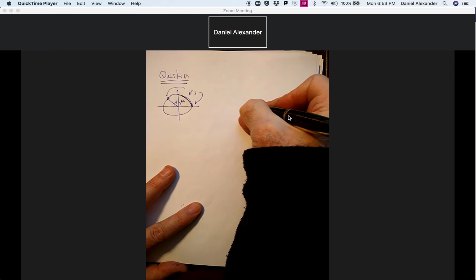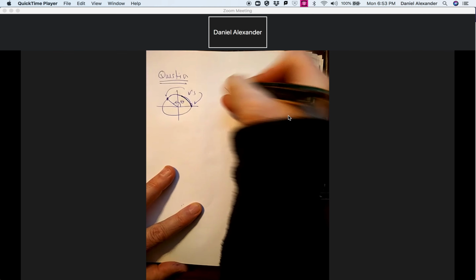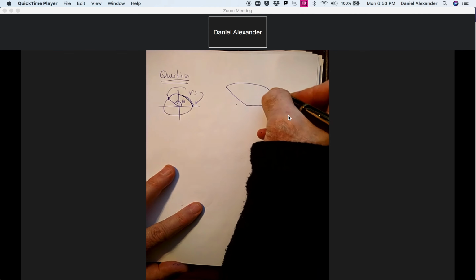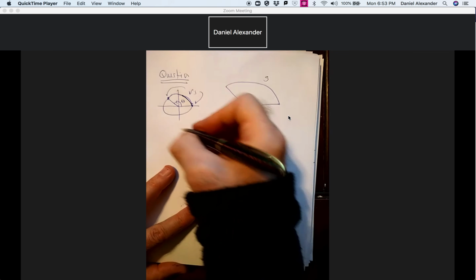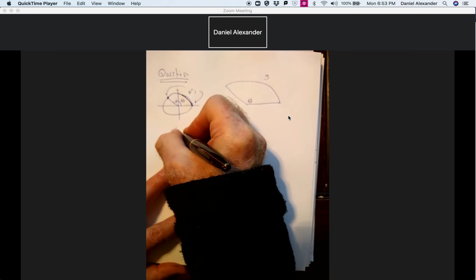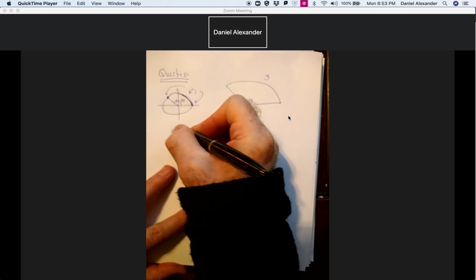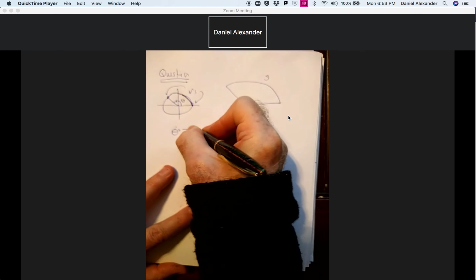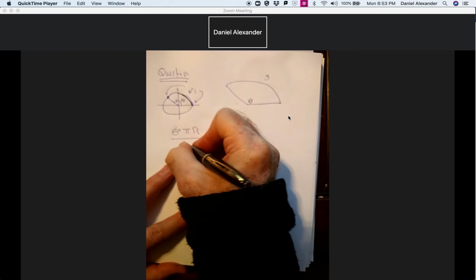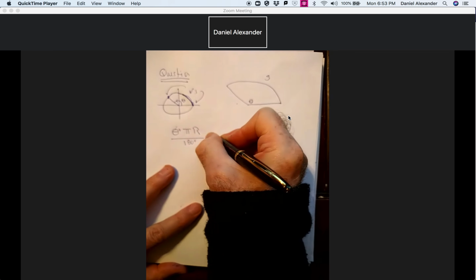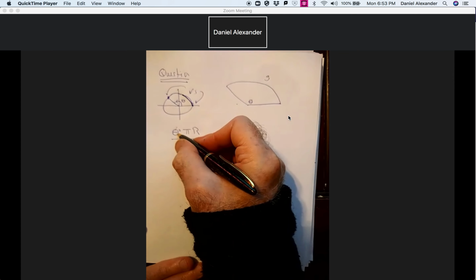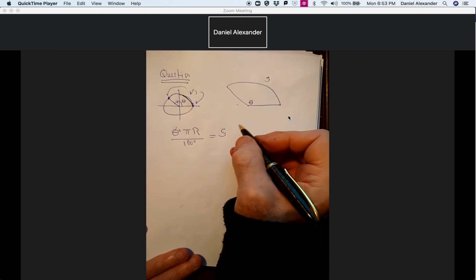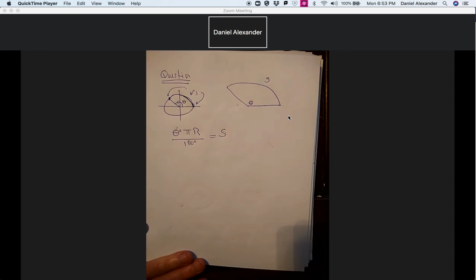If I isolate things, I draw my angle, and this would be S. And we saw that theta in degrees times pi times r divided by 180 was equal to S. Now, if I know what S and the radius are, I could figure out what theta is.